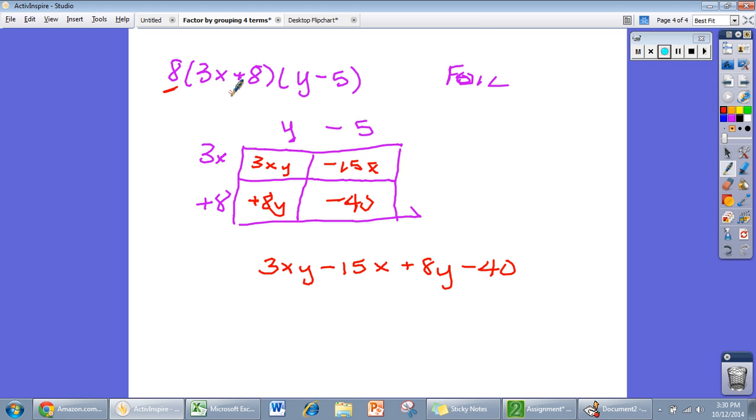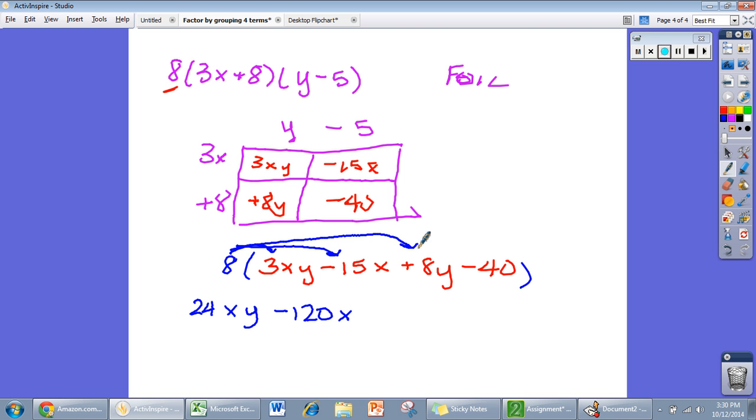Don't forget we have to multiply everything by 8. So I'm going to bring down the 8, multiplying it through. And now I get distributive property. 8 times 3 is 24xy. 8 times a negative 15x is a negative 120x. 8 times 8y is a positive 64y.